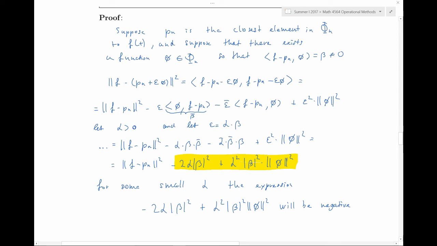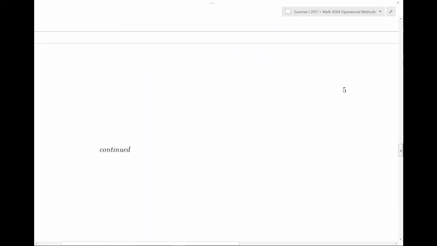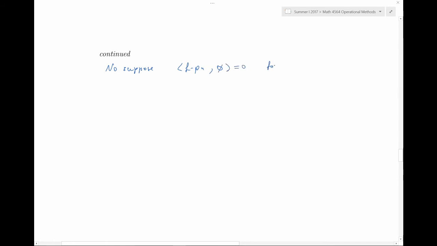Let's try to prove it backwards. Now suppose that the inner product of f minus P_n and phi is 0 for all phi in Phi_n. We're going to prove that the norm of f minus P_n is going to be smaller than any other possible norm.